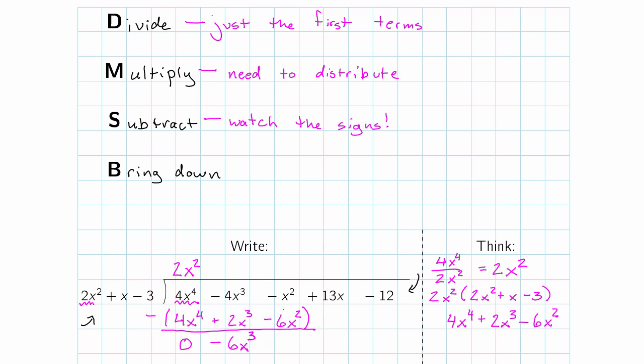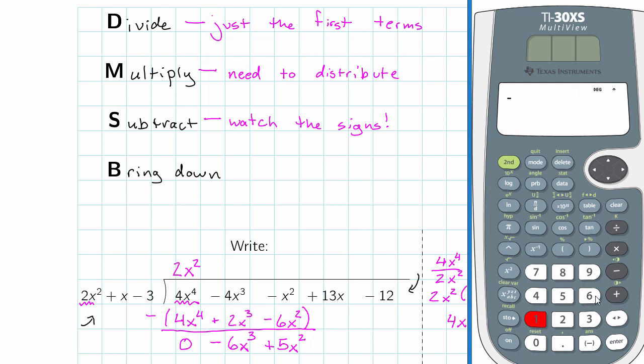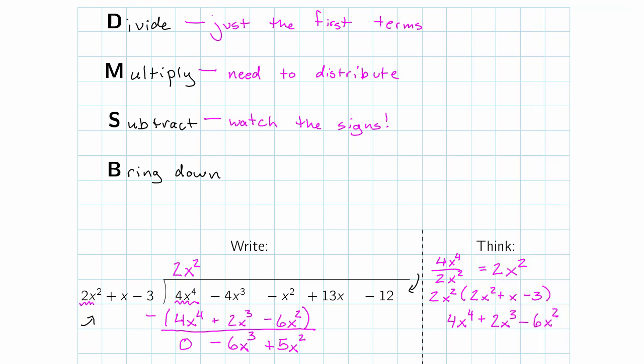Negative x squared minus negative 6x squared is positive 5x squared. We can do that on the calculator. Negative 1 minus negative 6 is positive 5. Some people like to go through and annotate what the effective signs are going to be when they subtract. If you find that helpful, please definitely go through and do that.